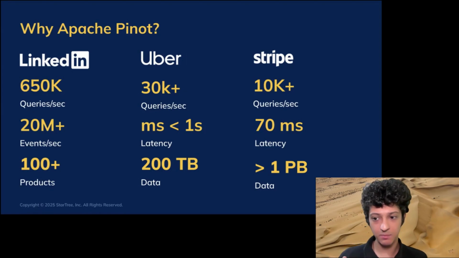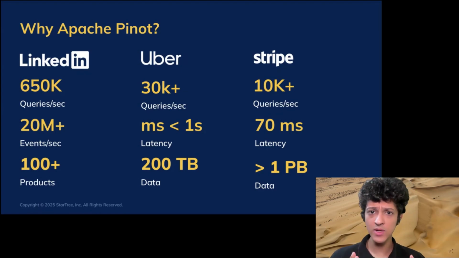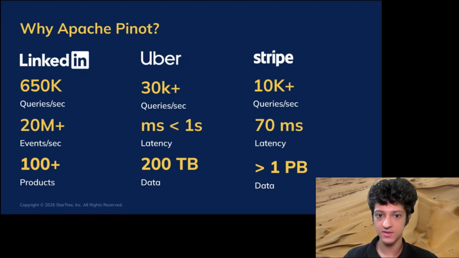LinkedIn is where Pinot was originally created. They're serving a massive 650,000 plus queries per second today from their Pinot clusters, powering 100 plus products, including things like who's viewed my profile, post analytics, hiring analytics, and various other use cases.